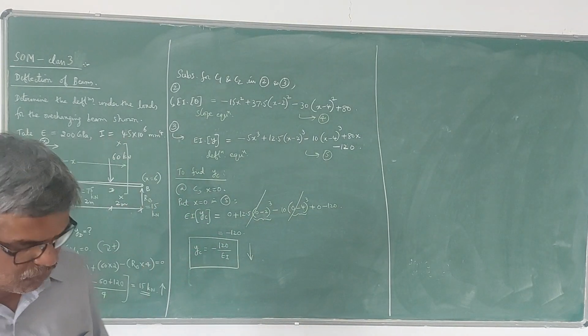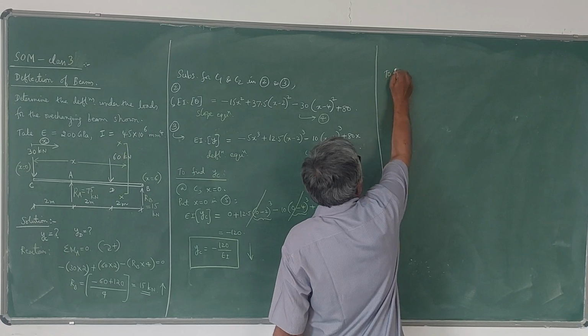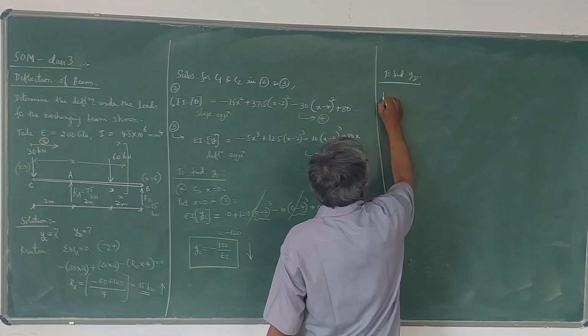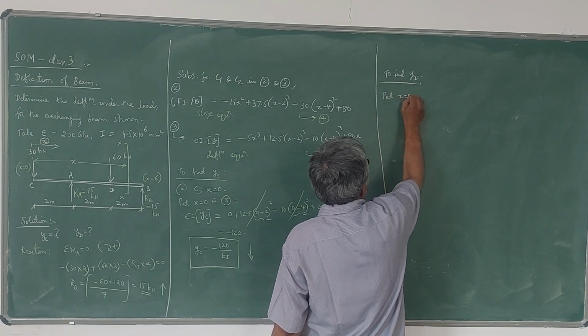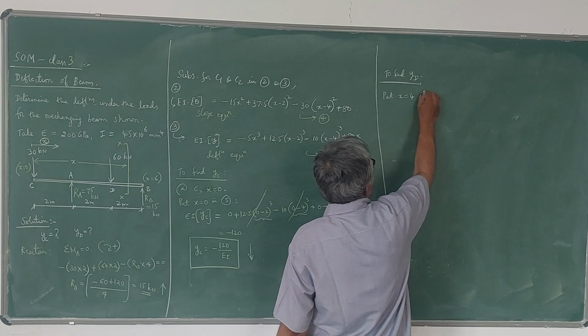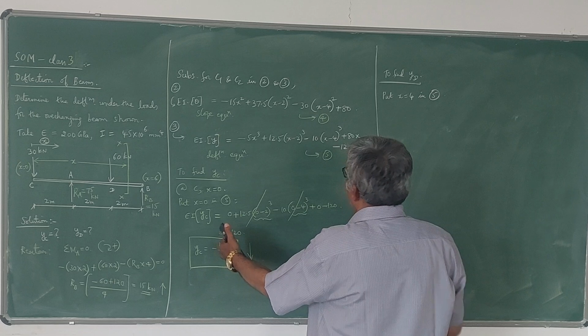You can see here. Put x is equal to 4 in the same equation 5. So to find YD, the deflection at D, put x is equal to 4 in equation 5. So what happens here?